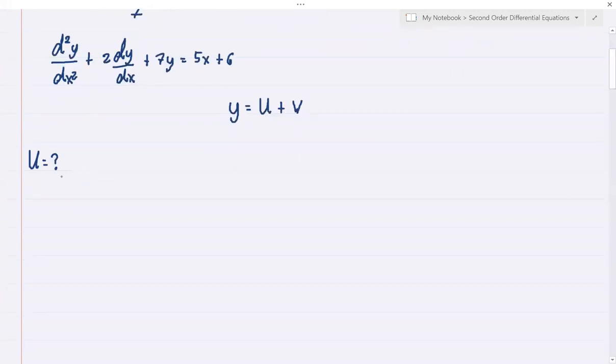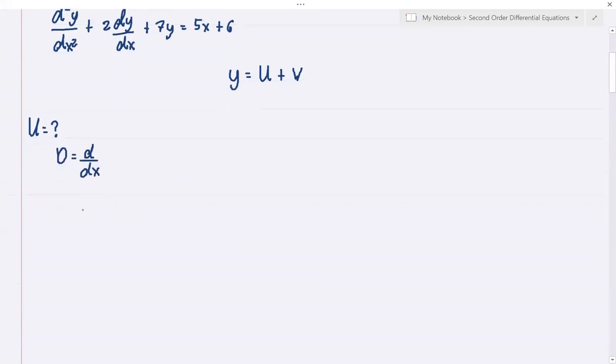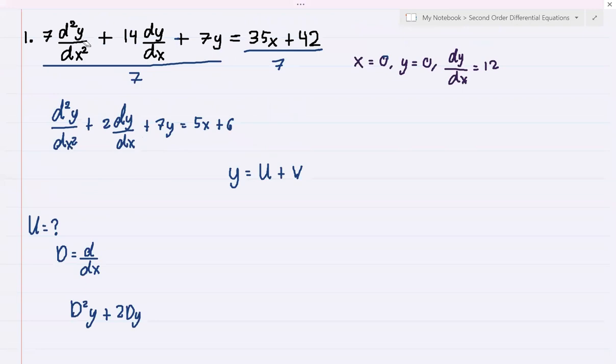So we will start by substituting d over dx as your D. So we will have d squared y plus 2 dy. Wait, I'm actually mistaken. This is supposed to be y. Forgive me, I forgot to divide 7y by 7.